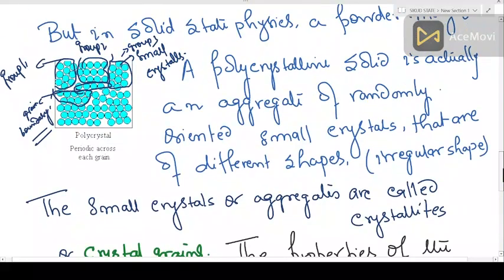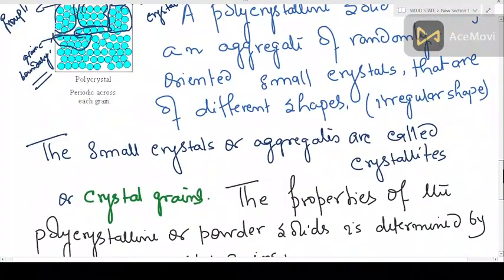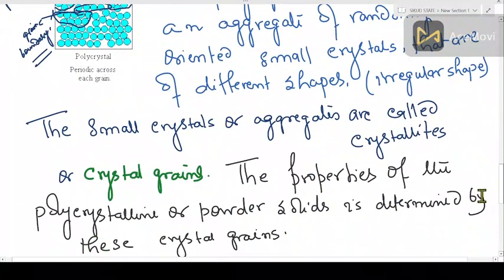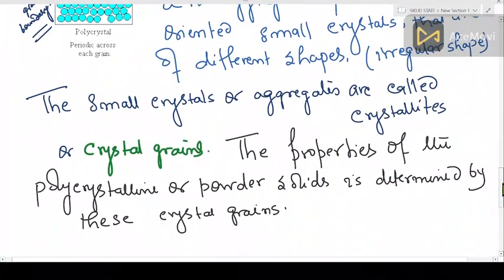And the properties of these powdered solids are defined by this arrangement of the crystallites. For example, if you take a piece of chalk and you break it, the broken section of the chalk appears something like this. This is the broken section of the chalk.